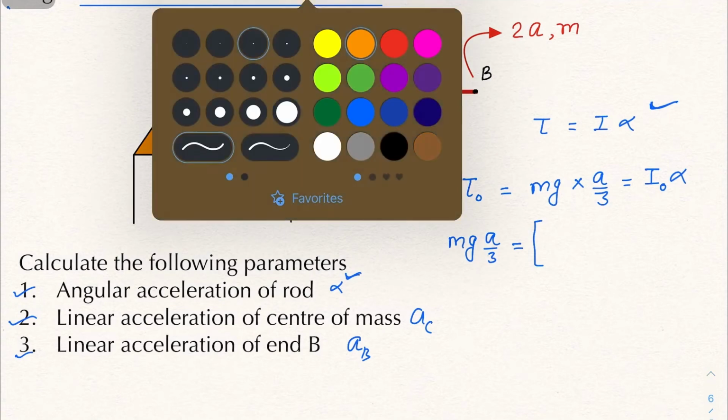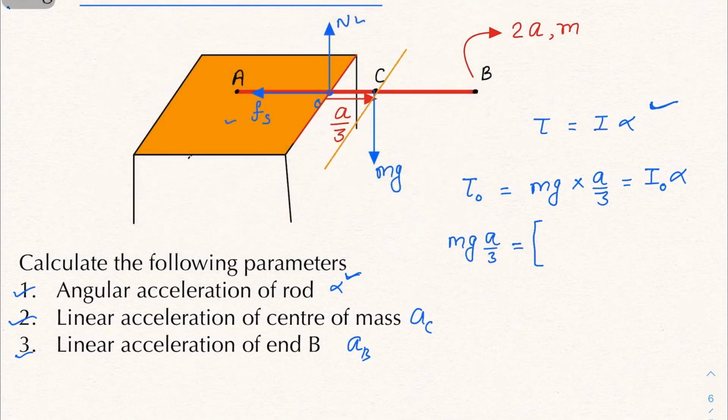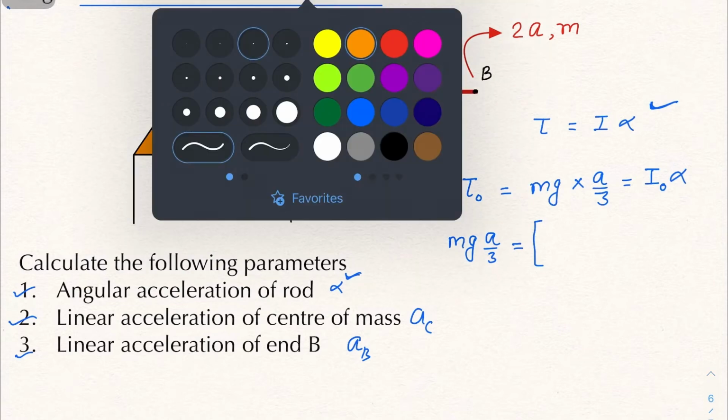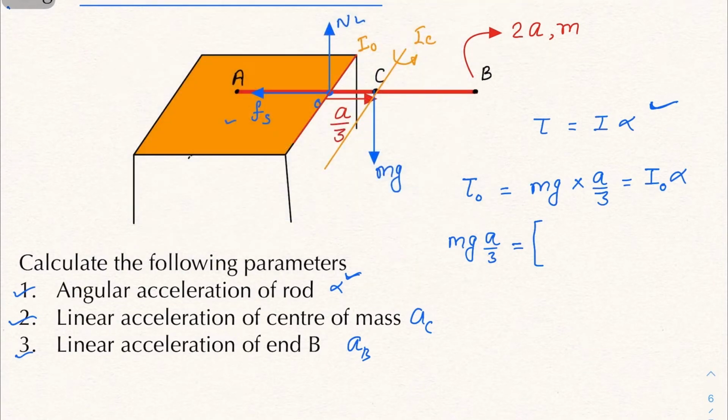I know the moment of inertia I_C about the axis through the center of mass, and this axis is parallel to it. What is the value of I_C? It is ml squared by 12, where L is 2a.